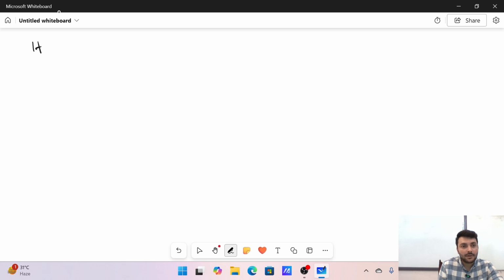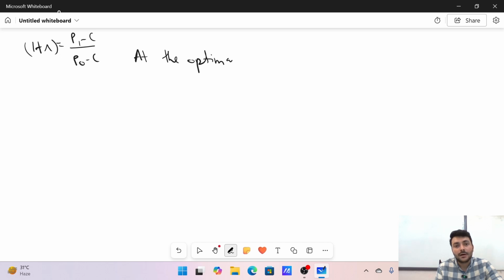So we have 1 plus R equals (P1 minus C) divided by (P0 minus C). This is the second fundamental equation, which is Hotelling's rule. Hotelling's rule states that at the optimal extraction path, what exactly is happening?